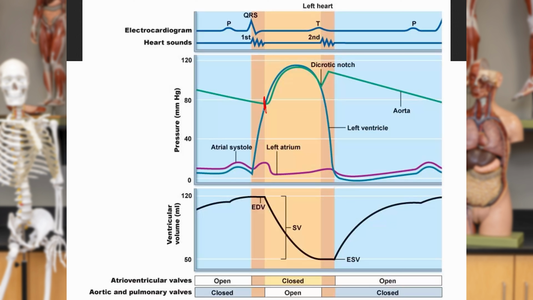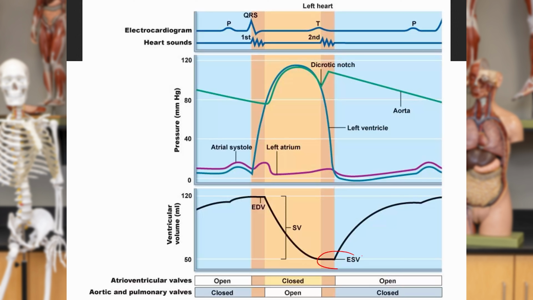That EDV, the amount of blood volume in there, is just before you open up the aortic semilunar valve. At that point then, once enough pressure has been generated and you open the semilunar valve, the volume is decreasing in the ventricle because all that blood is being pumped out into the aorta.